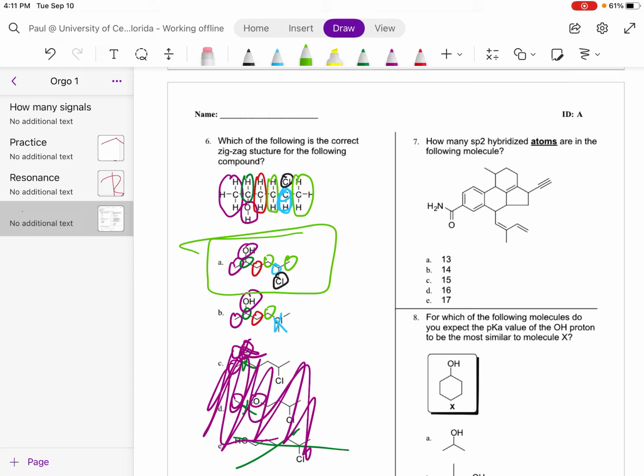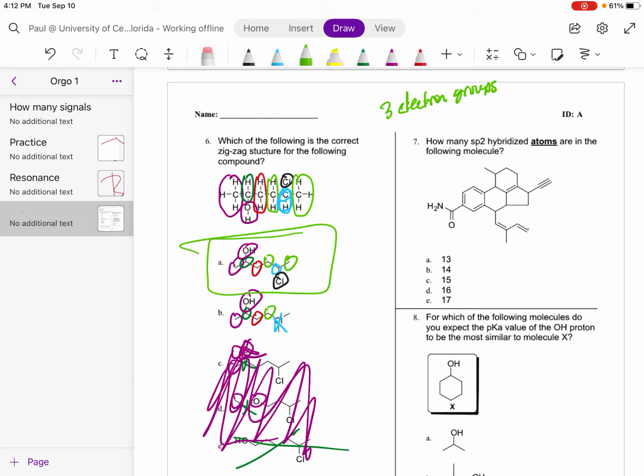So how many sp2 hybridized atoms are in the following molecule? We know that we are looking for atoms that have 3 electron groups around them. So what we see here is, let's just highlight one of them.